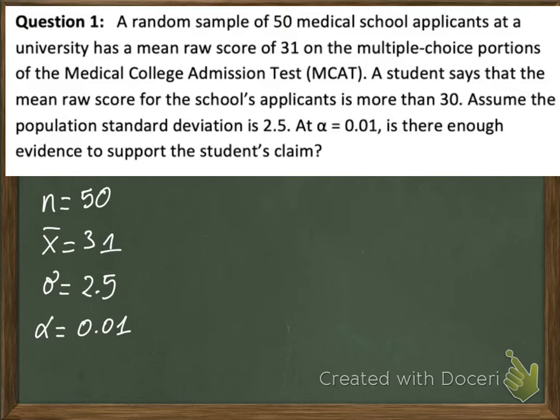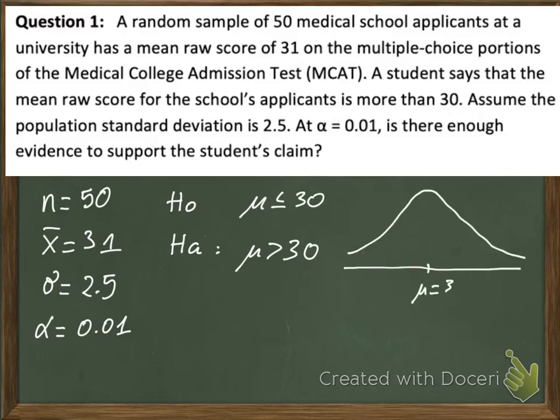And now the next step is we make the hypothesis statements. The claim is the mean raw score for the school's applicants is more than 30, strictly more than 30, so we know that mu is greater than 30, which should be in the alternative hypothesis. And then we can figure out the null hypothesis, which is the complement of greater than 30, which is less than or equal to 30, right?